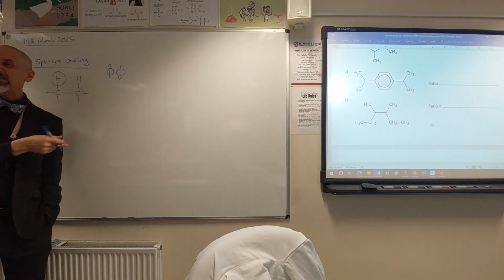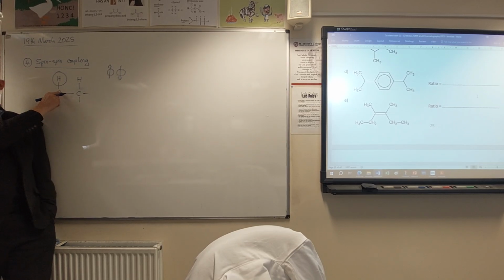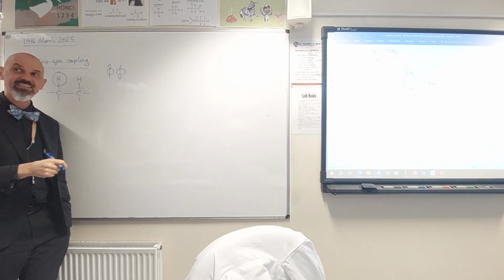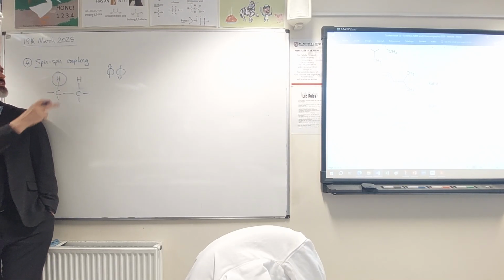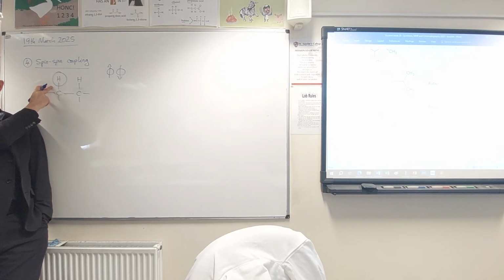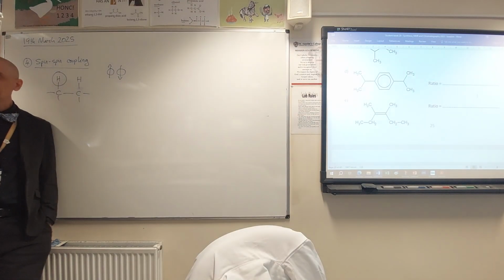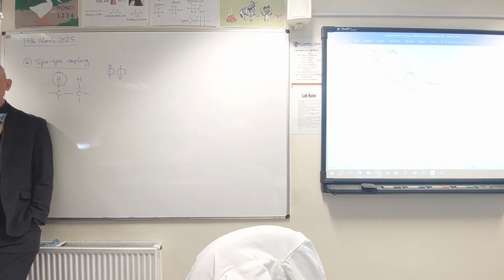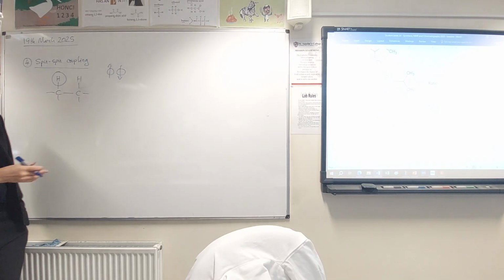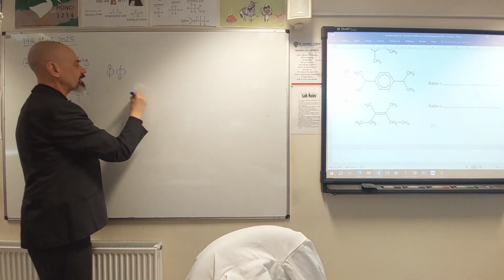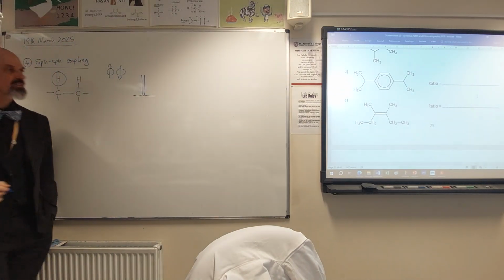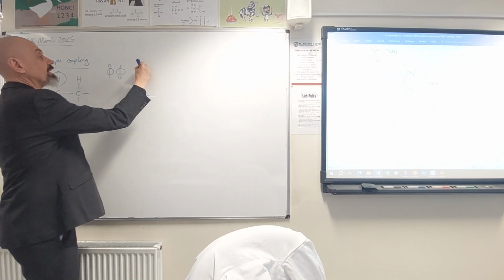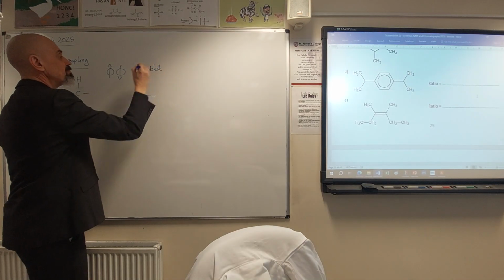Some of them will be in the same direction as the magnetic field, which will be increasing the magnetic field slightly for this proton, and some of them will be in the opposite direction, which will be decreasing the magnetic field slightly. So in other words, the local field for this proton will be slightly higher and slightly lower than the overall field. And the end result of that is that this proton will show us two peaks on the spectrum. We say it's split into two different peaks. And that's called a doublet.